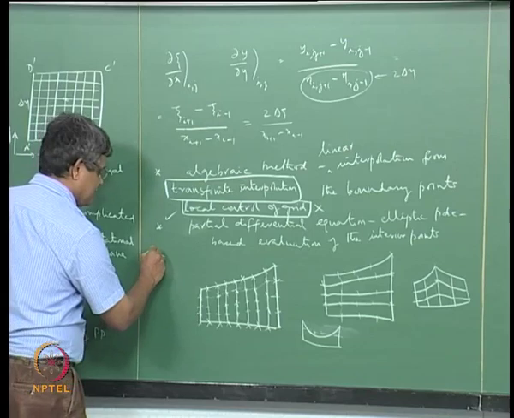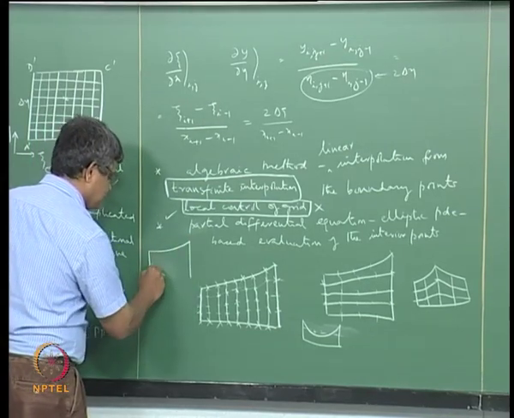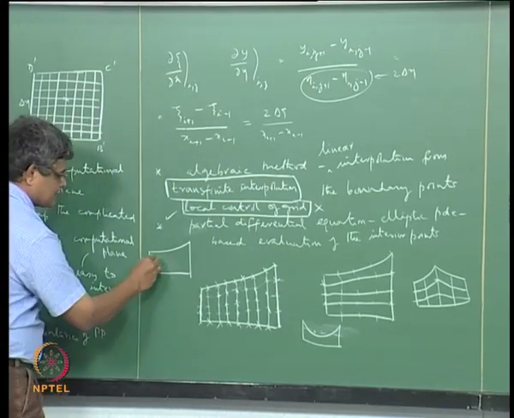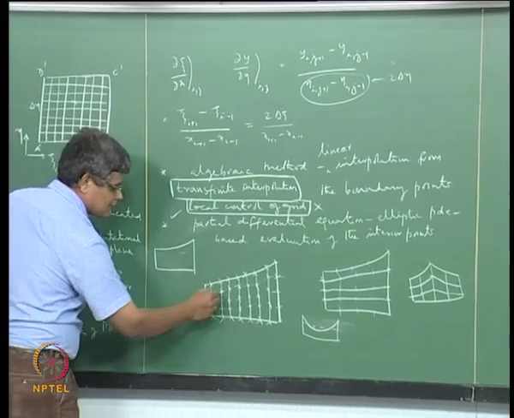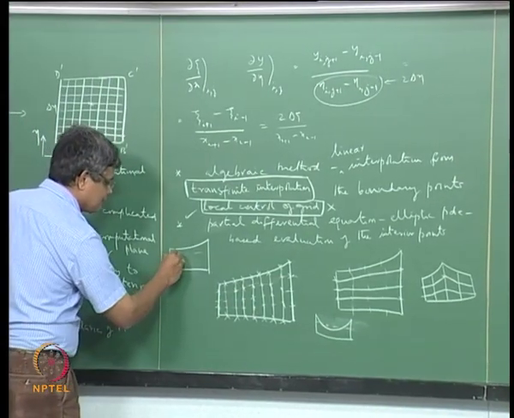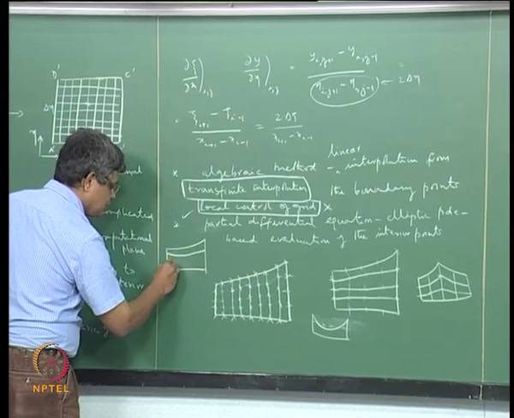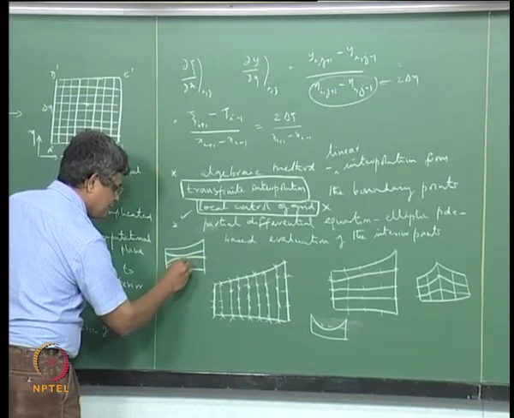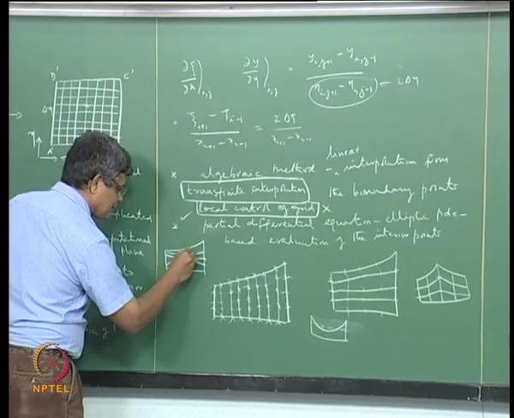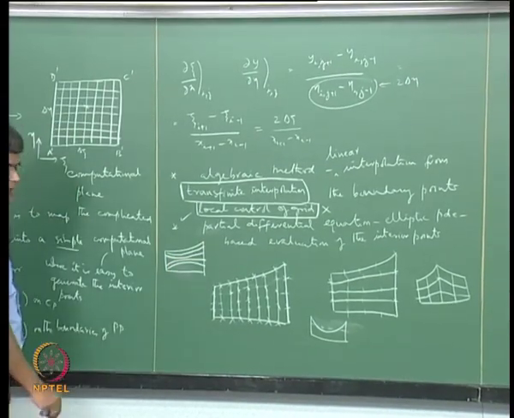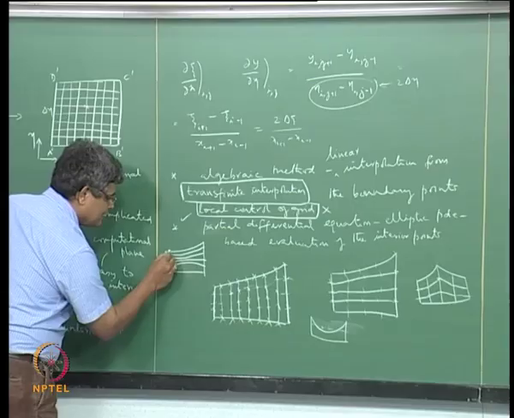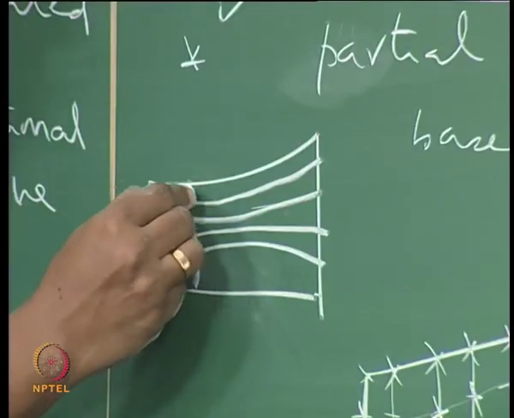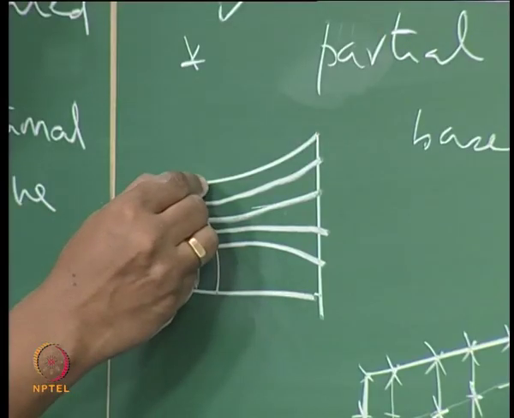So in this domain, instead of having a grid line like this, you would actually like to have closer grid here. If I have this kind of possibility, I can make sure that the grid spacing is much less.